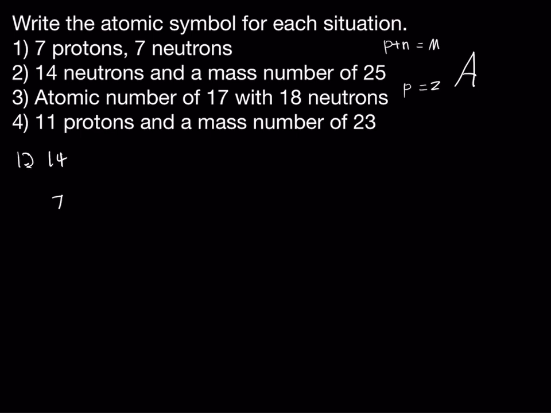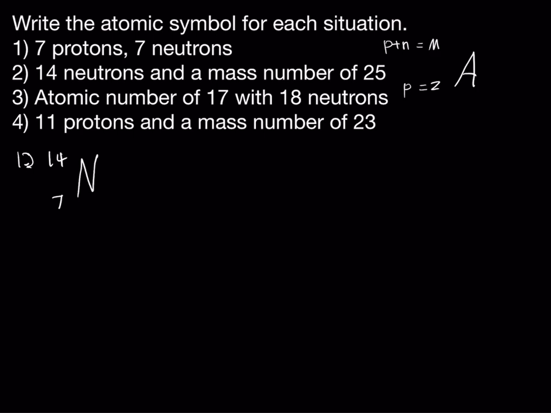And then go ahead and find which element on the periodic table has a 7 on top of it. It is going to be nitrogen. So this is going to be nitrogen 14.